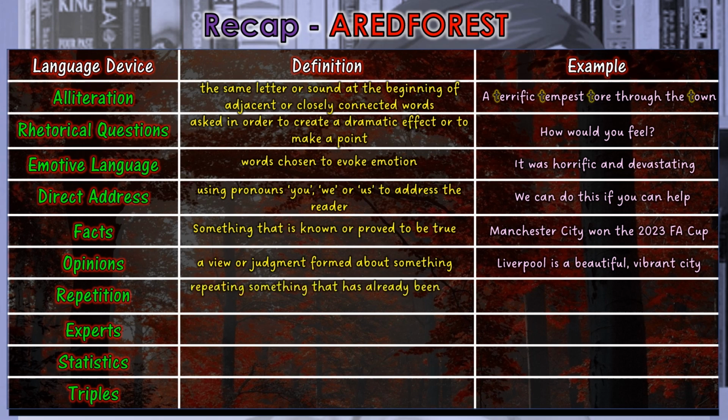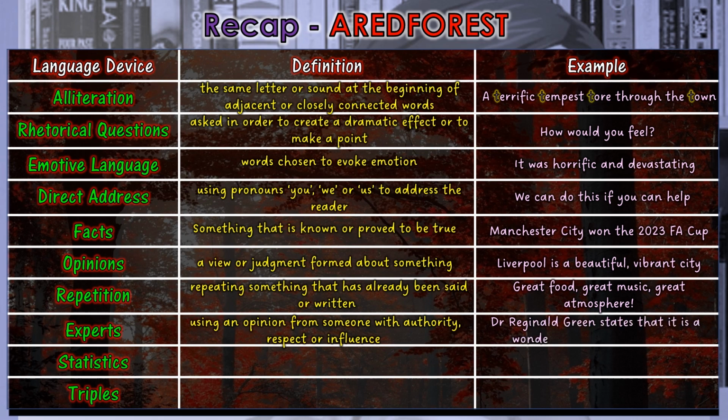Repetition, repeating something that has already been said or written. Great food, great music, great atmosphere. Experts, when you use the opinion of someone with authority, respect or influence. For example, Dr. Reginald Green states that it is a wonder for modern medicine.